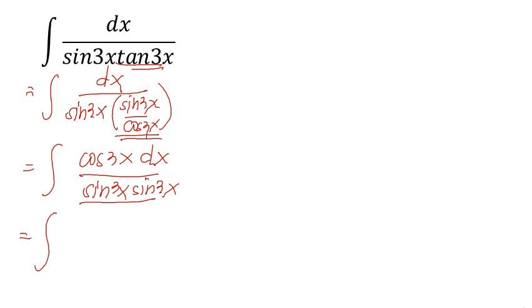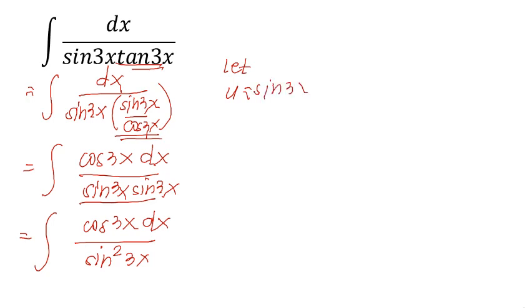So we will have now integration of cos 3x dx all over sine squared 3x, which this one we could apply the substitution rule in integration. So if we will try to let u as sine 3x, our du will be equal to cos 3x times 3dx.